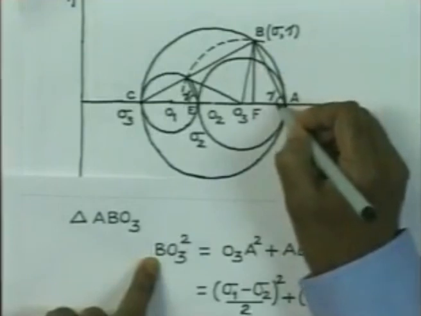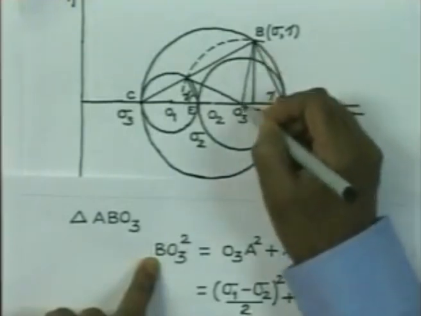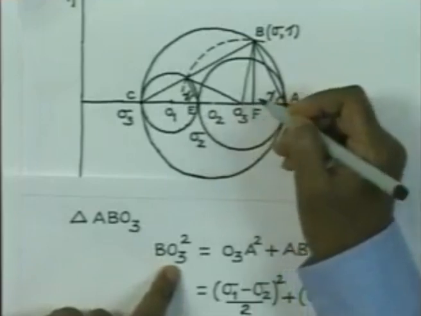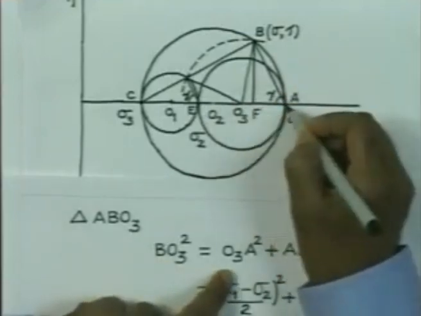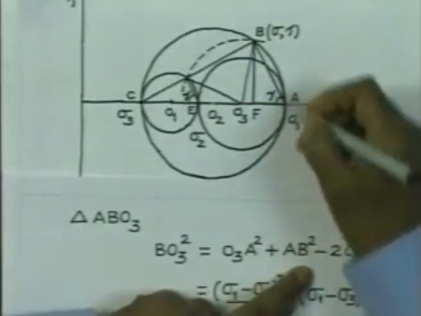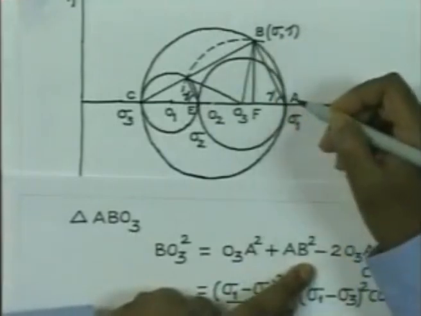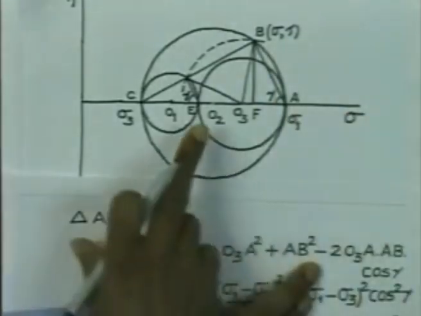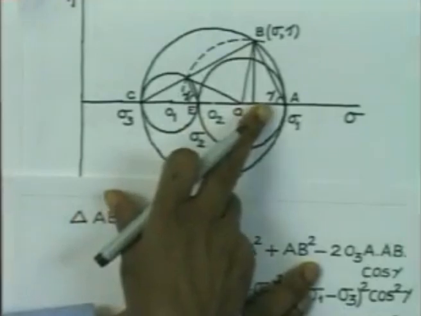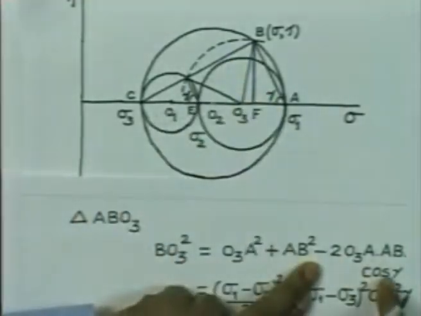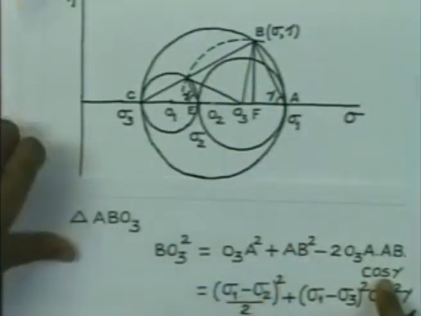This is the acute angle, and therefore BO3 square is equal to O3A square plus AB square minus twice O3A into AB into cosine of the angle gamma.